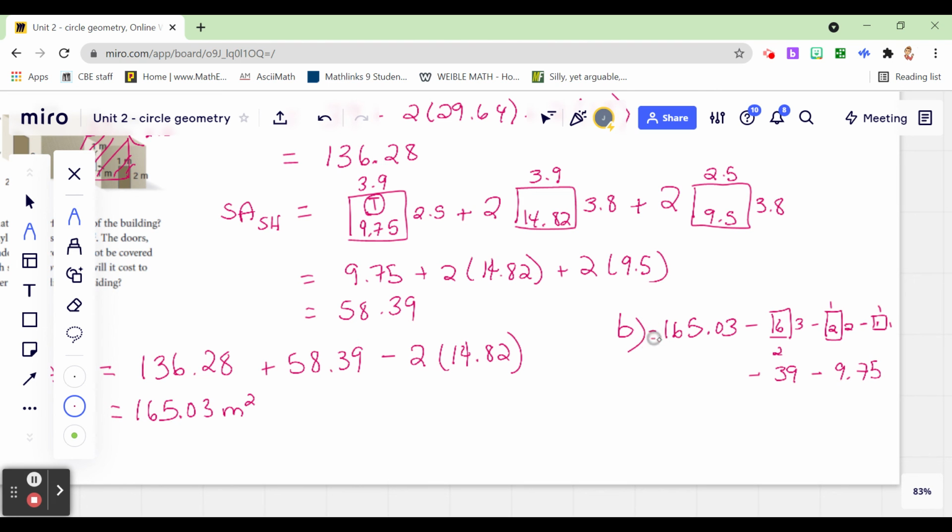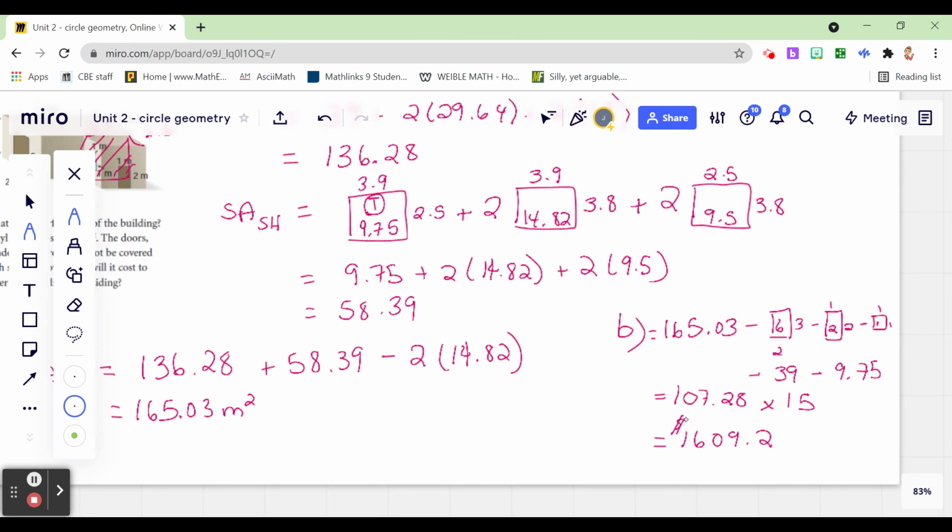When I do that, this is my new surface area, and that's going to be 107.28. And then I have to figure out the cost. So I'm going to take that and multiply it by 15, which would give me 1,609.2.